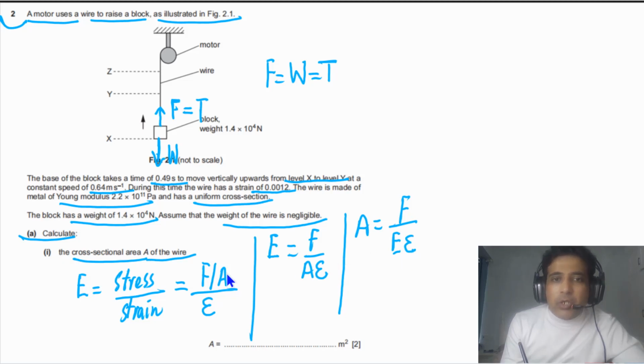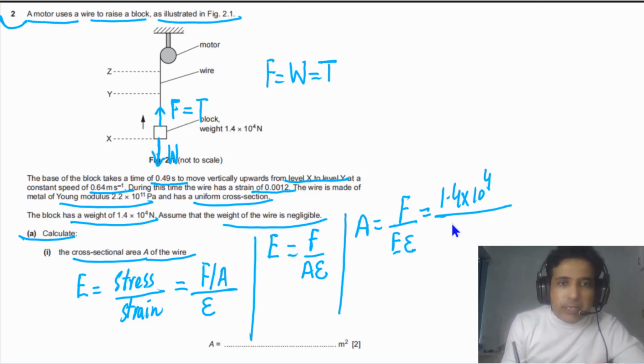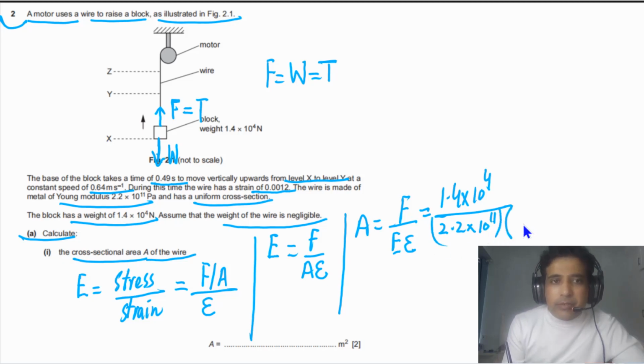Now simply we need to plug in values. We have value of F, that is equal to weight, and that is 1.4 times 10 to 4, divided by Young's modulus, which is given as 2.2 times 10 to 11, and value of strain is given, that is 0.0012.